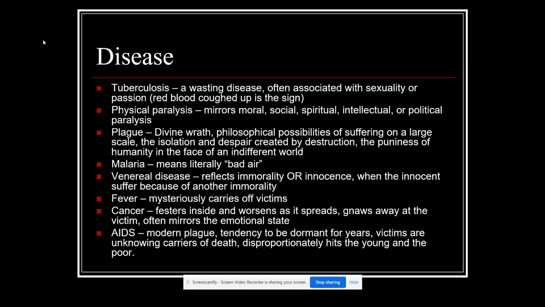Fevers are mysterious, and they oftentimes carry victims off without any explanation. That will again occur in two stories this unit. So when you see disease in literature, you want to pay attention to the way that it is used, and it oftentimes will be connected to interpreting the character.